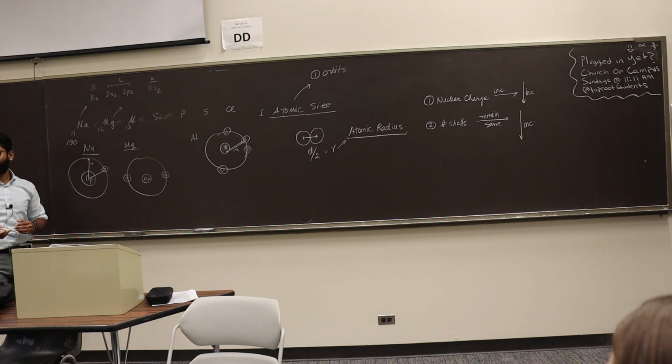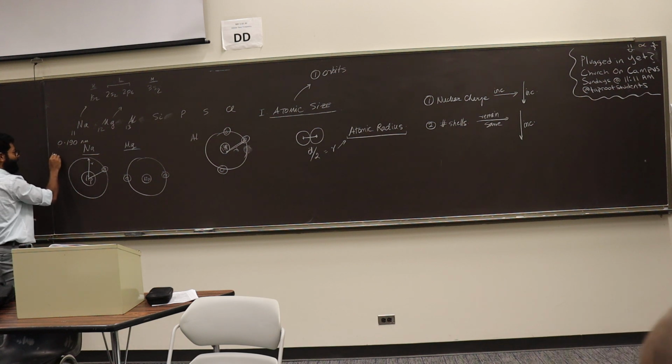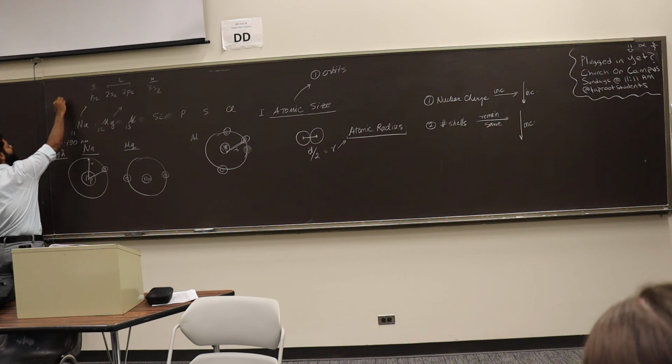It seems a little big for nanometers. It's 0.190 nanometers. That's for the atomic radius. Right, okay. So 1.9 angstroms. So angstrom is 10 to the power minus 10.